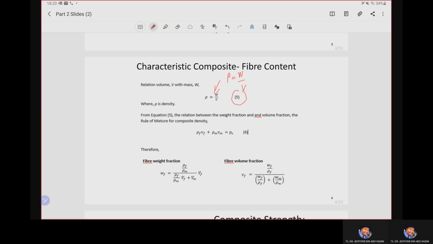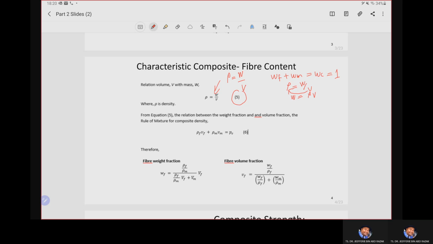From the weight fraction equation discussed on the previous slide, WF plus WM equals WC, or unity 1, we can now substitute the weight with density: rho equals W over V, so W equals rho V when we bring the V to the other side of the equation.